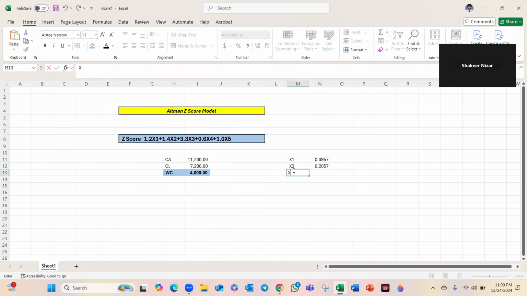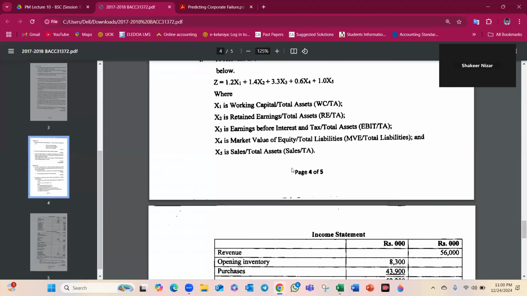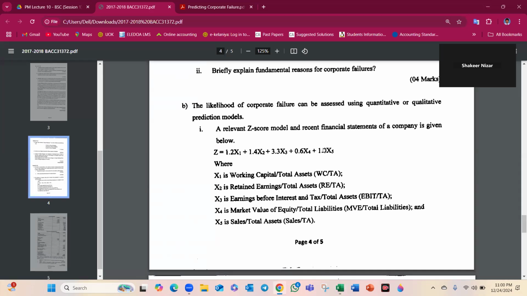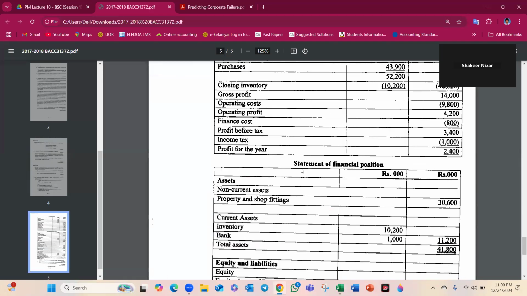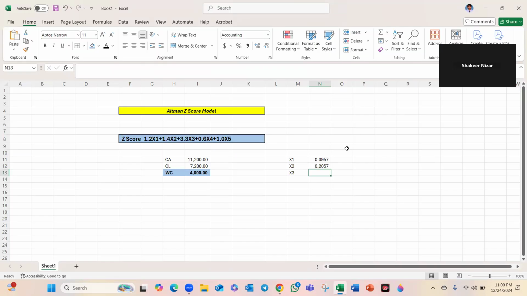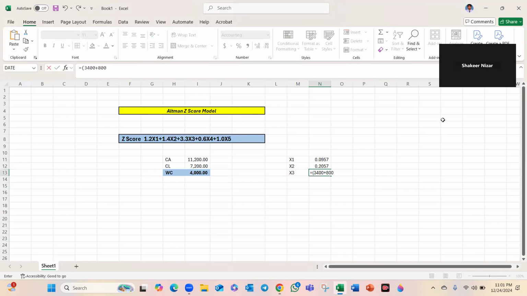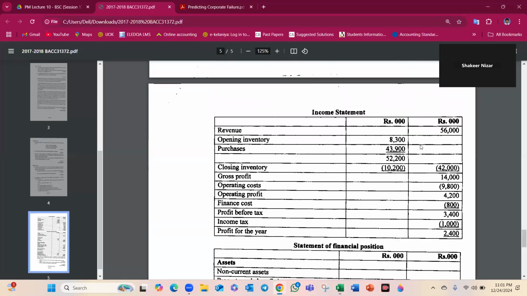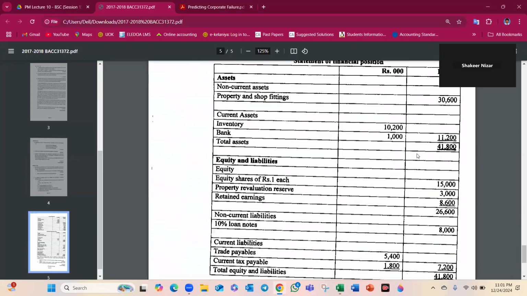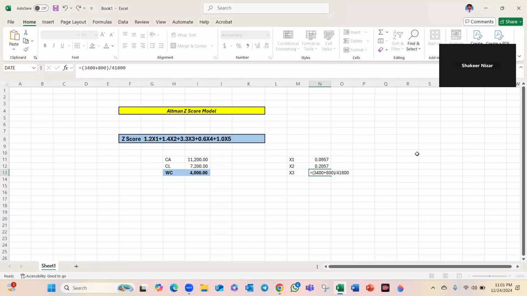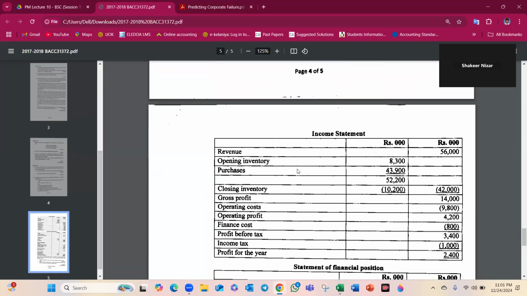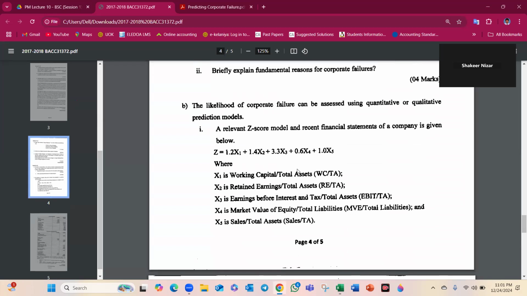Now we are going to calculate X3. What is X3? Earnings before interest and tax divided by total assets. For EBIT, you have profit before tax of 3,400 plus finance cost, which you want to add back, divided by total assets, 41,800. X4 is market value of equity divided by total liabilities.